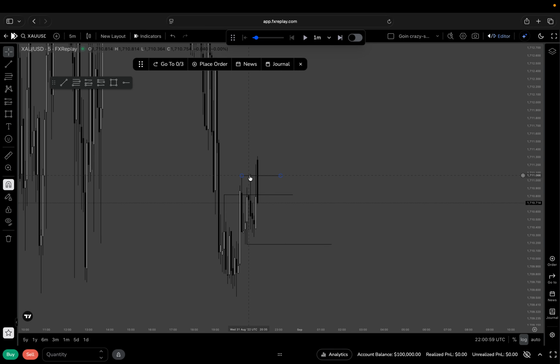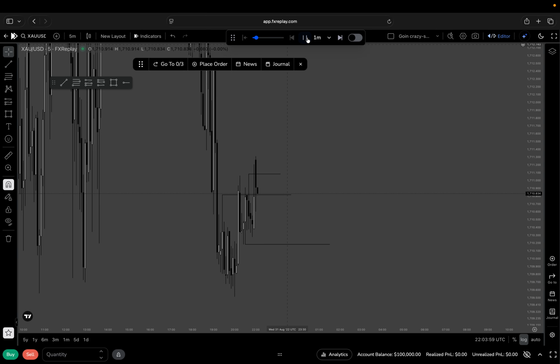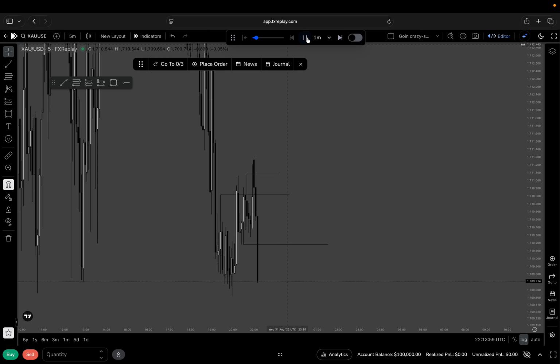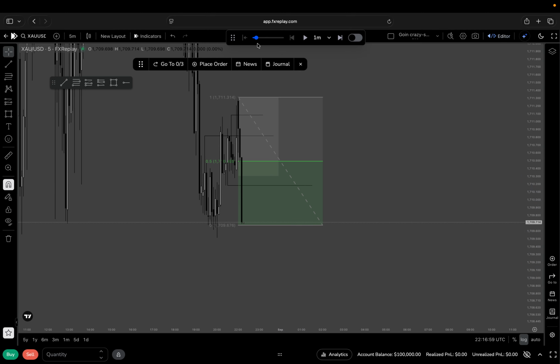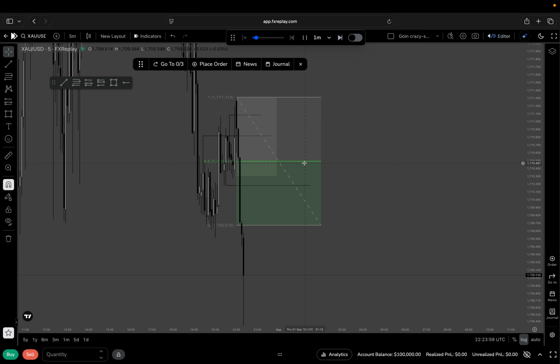Okay, resweep again. Okay, nice displacement. Kinda wanna be in the zone. Knock out equilibrium. Okay, and then we make a new range.